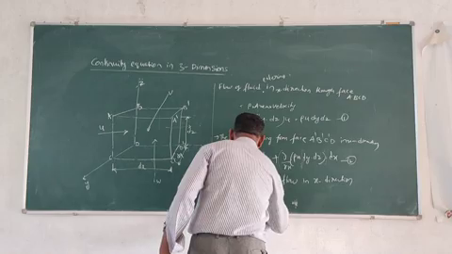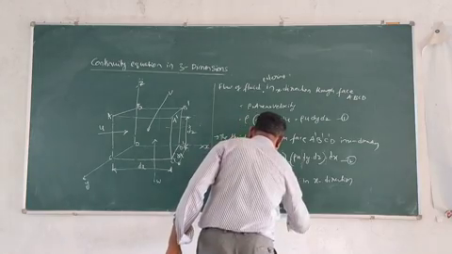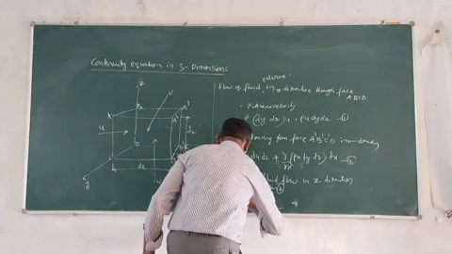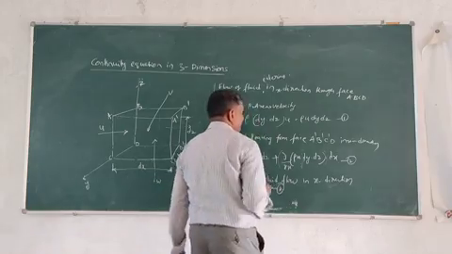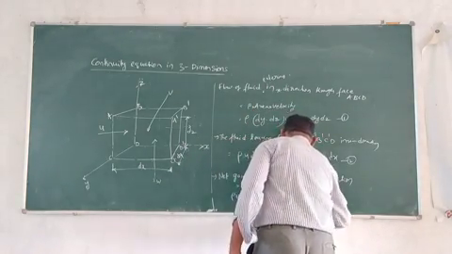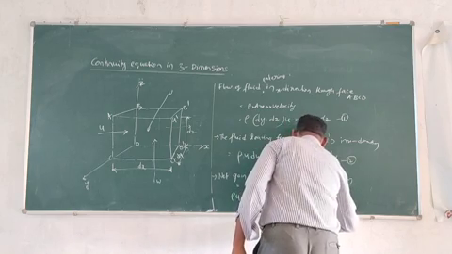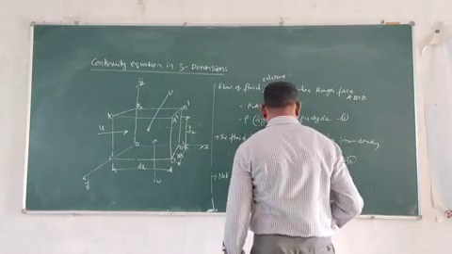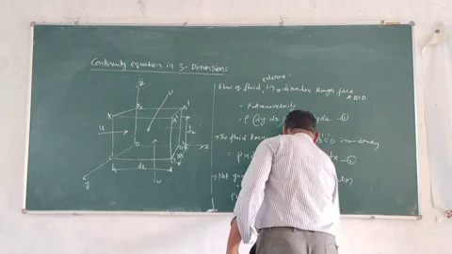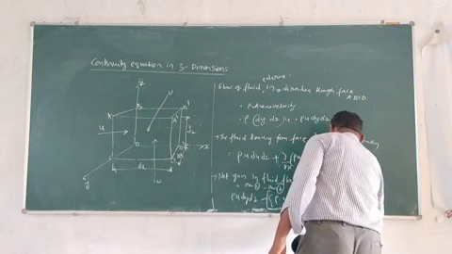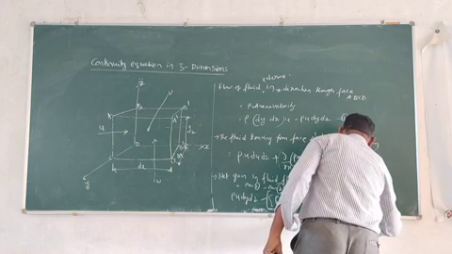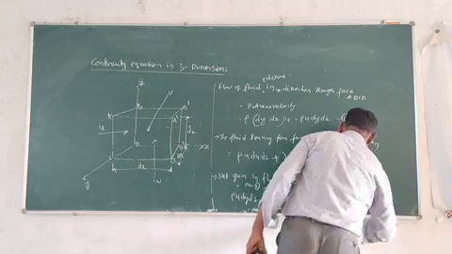This is equal to equation 1 minus equation 2: rho u dy dz minus rho u dy dz plus dou by dou x of rho u dy dz into dx.